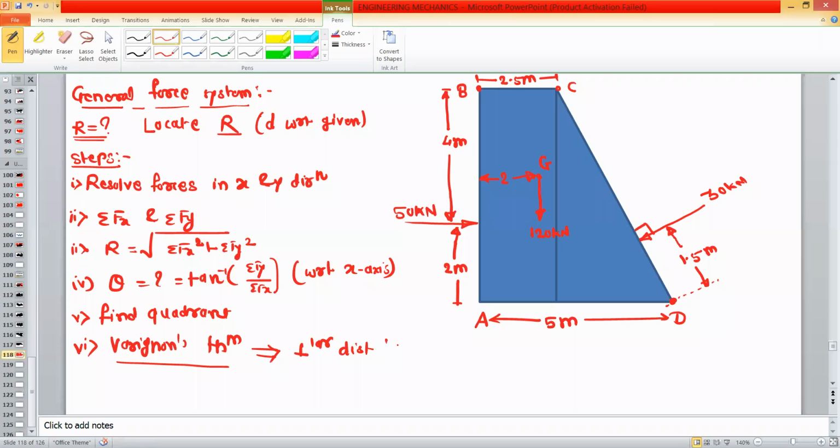Generally, we take this distance as distance d. Okay. And then by using trigonometry, we can find out the intersection of that resultant on the base AD. So somewhere, if this is the point of intersection, first we will find out the perpendicular distance by using Varignon's theorem, and then by using trigonometry, we can find out the intersection on the base AD. Okay, so this is the complete procedure to solve this problem. So we will see this one by one.